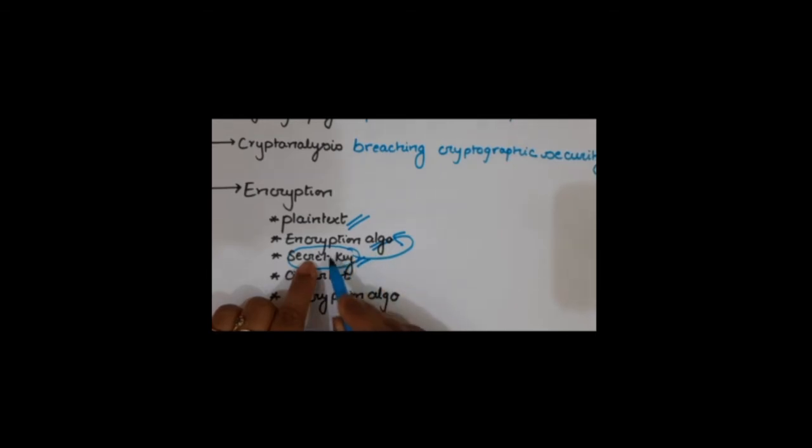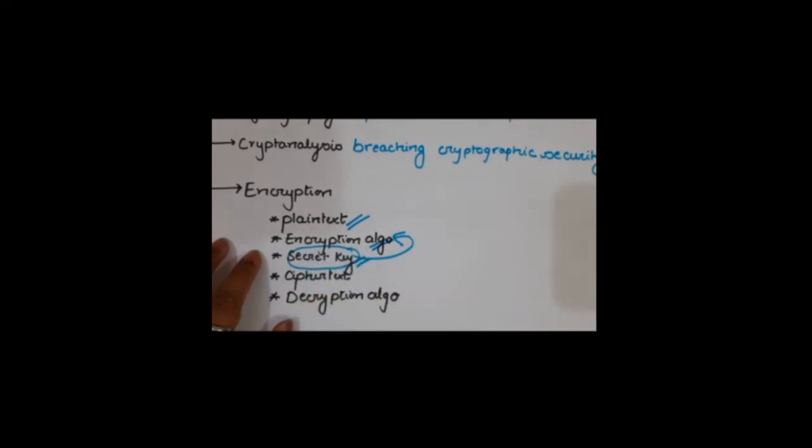One more thing, the value of the key is independent of plain text. It does not depend on plain text. Whatever you choose to be a key is not going to depend in any way on plain text. And this is going to be the input to the encryption algorithm.